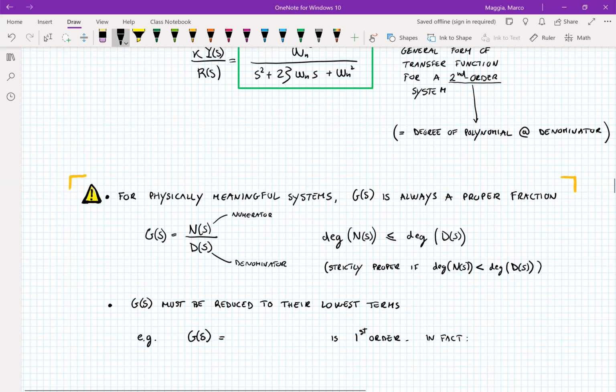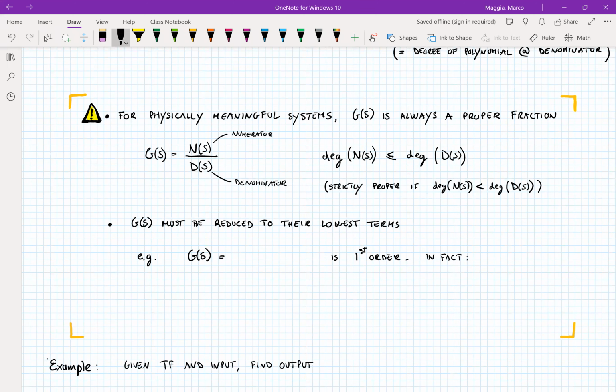Another couple of things about transfer functions is that for physically meaningful systems, so for systems that describe something physical that makes sense, g of s is always a proper fraction. That is, the degree of the numerator is always less or equal to the degree of the denominator.